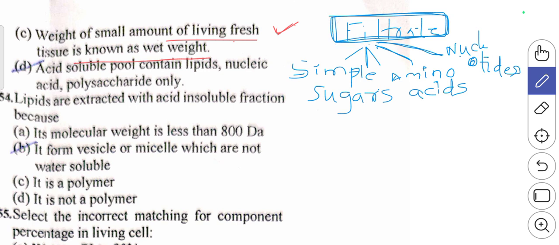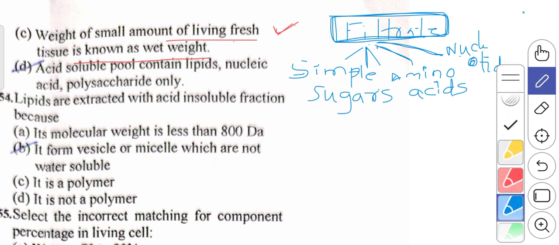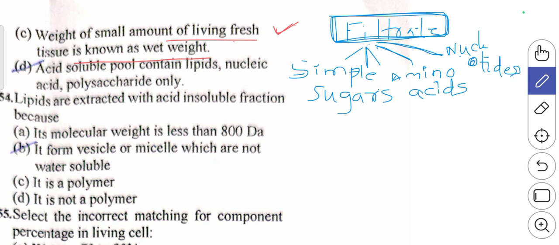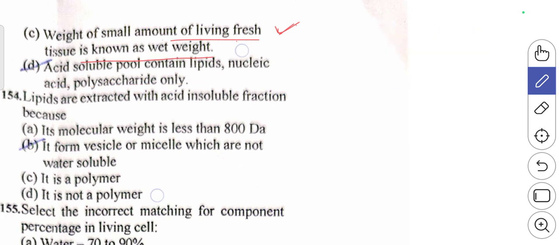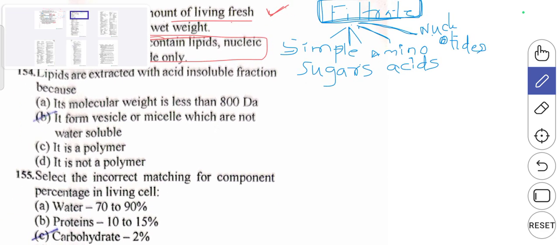Here they have given that the acid soluble pool contains lipid, nucleic acid, polysaccharides only. These are the molecules we see in an acid insoluble pool. So this statement will be considered a wrong statement. They asked for the incorrect one, so this will be the correct answer for this question.